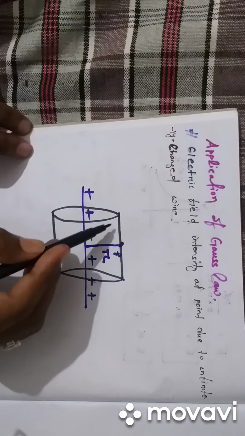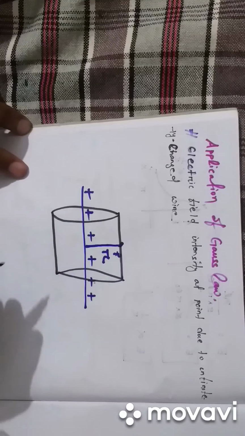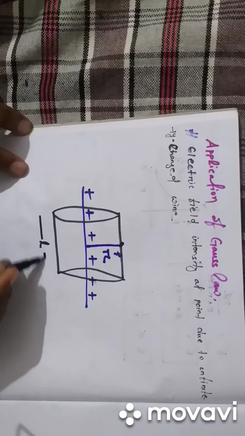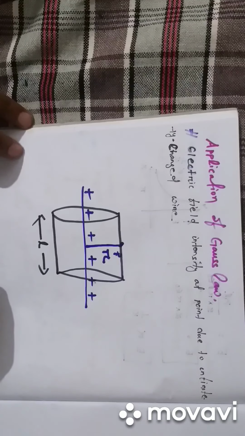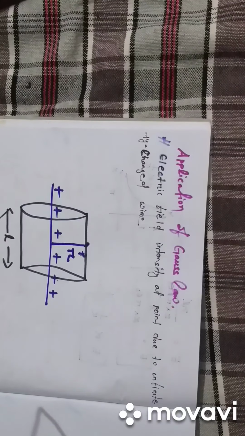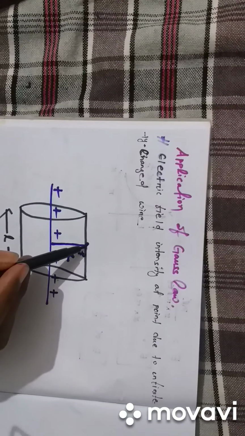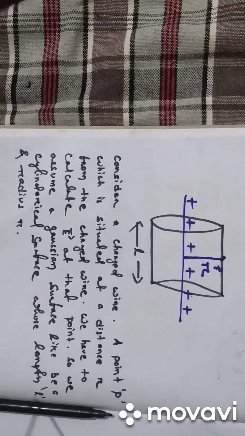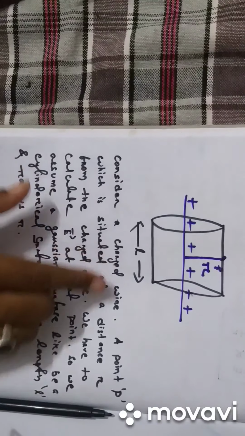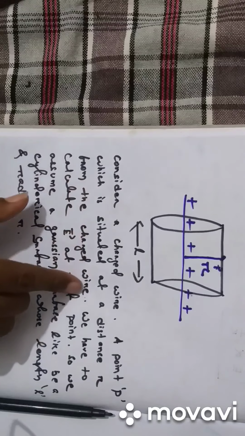So we assume a Gaussian surface, a cylindrical surface whose length is L and radius is R, that cylinder passing through the point P. Here we write that, consider a charged wire and a point P which is situated at a distance r from the charged wire.